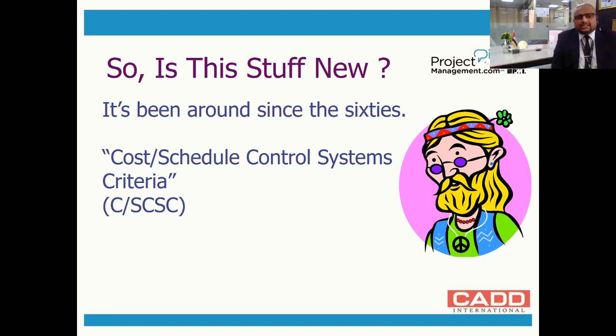It's commonly called C/SCSC, cost schedule control systems criteria. This is what it is. As you can see from the name itself, it's controlling the cost and schedule of your projects. This is what earned value does. So finally we are into it.